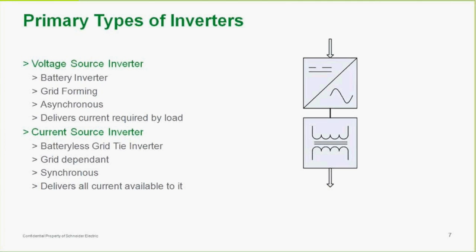That current source inverter is going to deliver all the current available to it. Not as the battery-based inverter delivers just what is required by the load. It doesn't care about the load. It's going to deliver every last bit of energy it has.